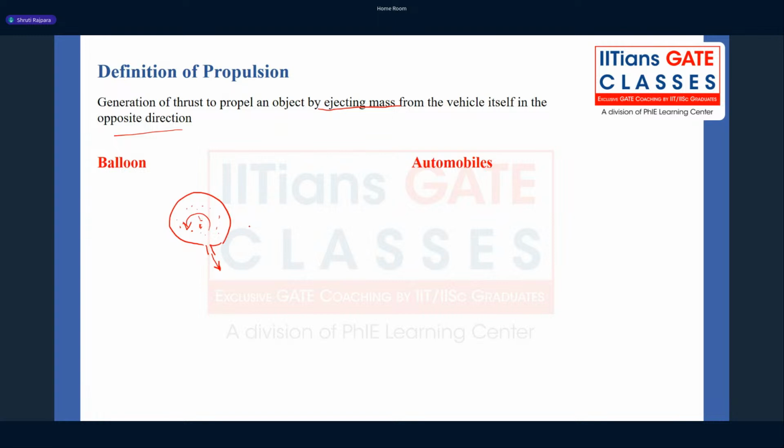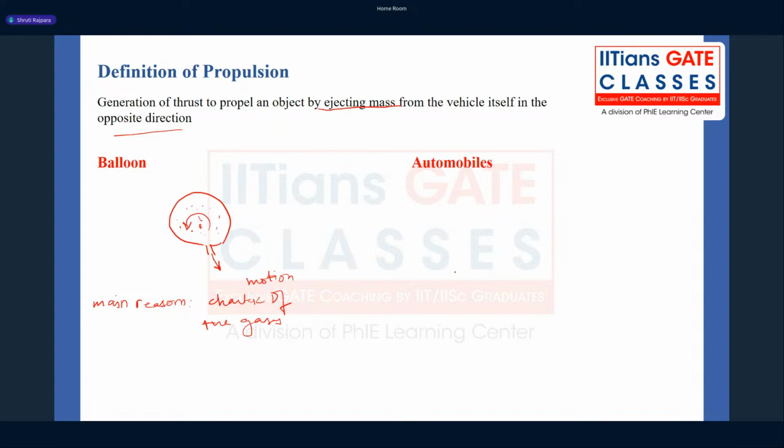The main reason for the propulsion is the chaotic motion of the gases that are being ejected.